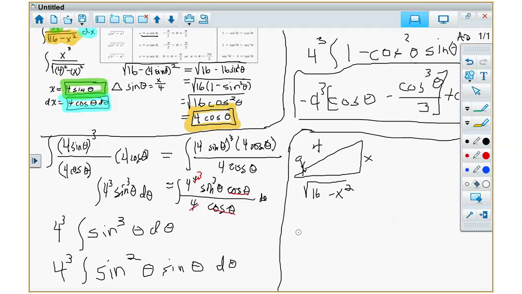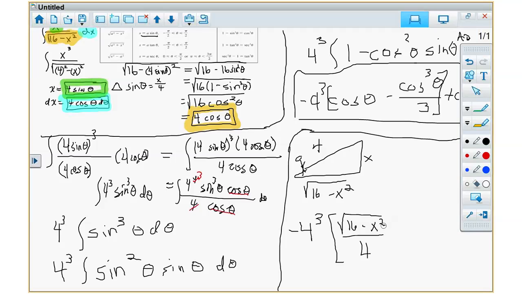So negative 4 to the third, brackets, that'd be the square root of 16 minus x squared over what? What did I say, 4? Over 4, yeah.